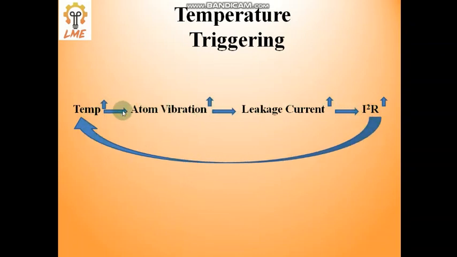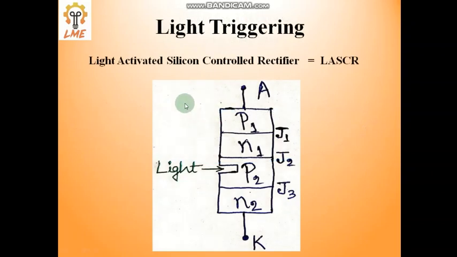So by repeating this cycle many times, the device will break down. So this is known as temperature triggering. In this way the temperature increases, atom vibration increases more, leakage current increases more, and at a certain time the leakage current will break down junction 2 and conduction will begin.